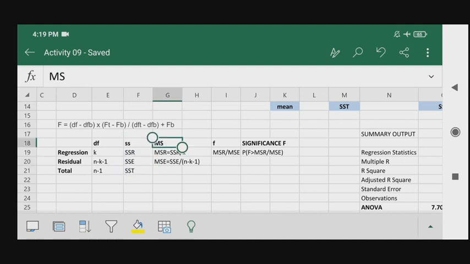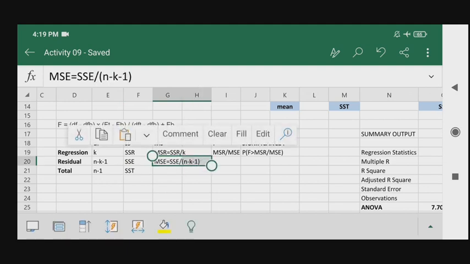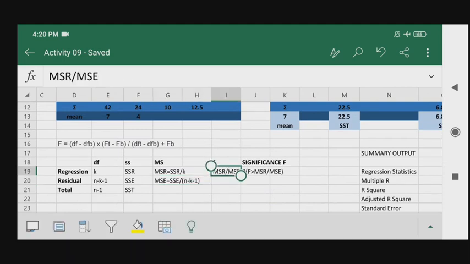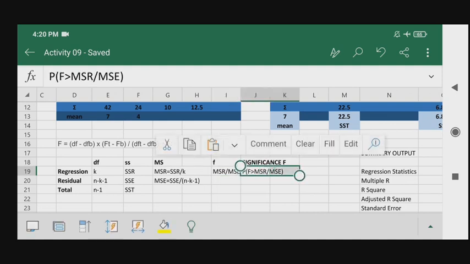For MS, MSR equals SSR divided by k for regression, and for residual, MSE equals SSE divided by n minus k minus 1. For F, we have MSR divided by MSE. For significance F, we have P, F greater than MSR divided by MSE.